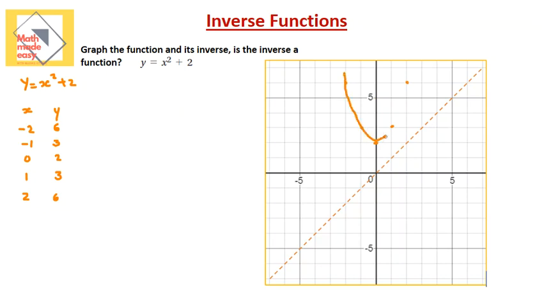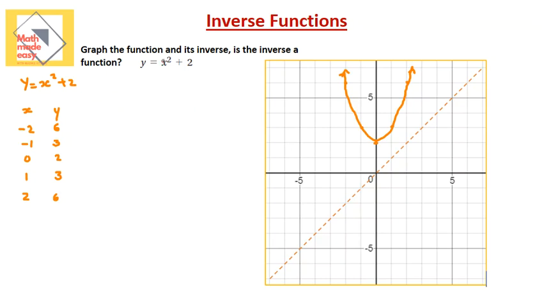I'm going to try my best to graph this function. As we can see here, it opens upwards and its vertex is at the point (0, 2). So far all we did is graph a quadratic function. Now, what if I want to find the inverse of this function?